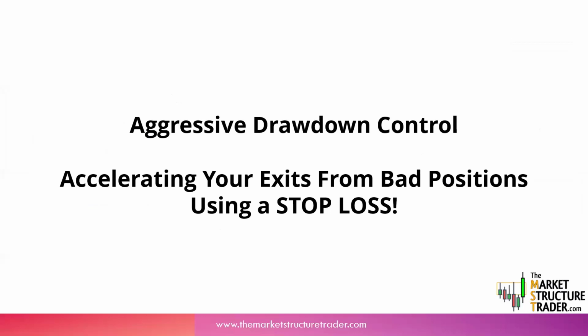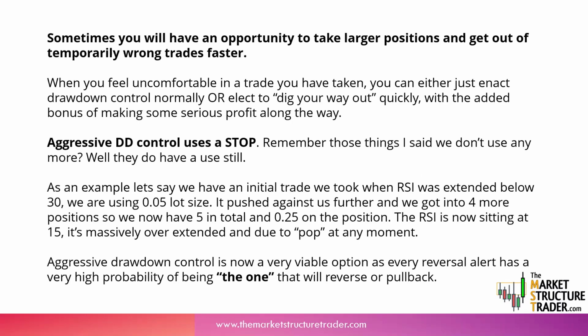And this is a way of accelerating your exits from bad positions using a stop loss. So aggressive drawdown control will be enacted when you see an opportunity for the trade or the position that you're in to be moving in your direction.